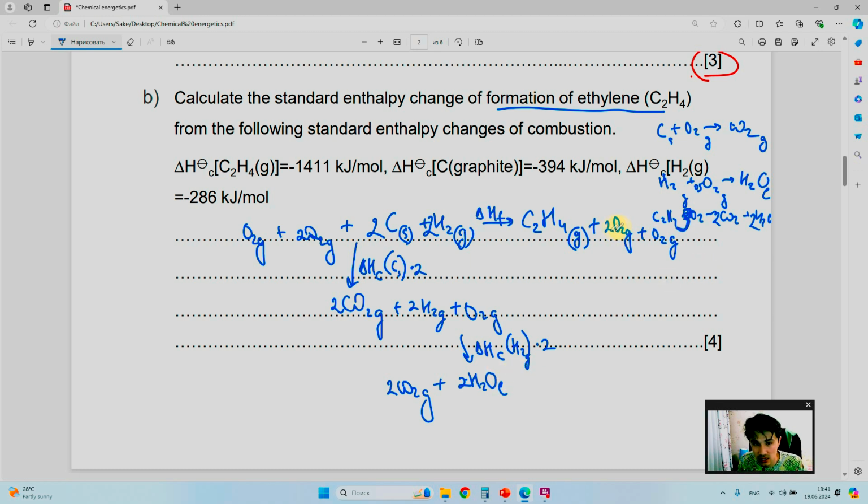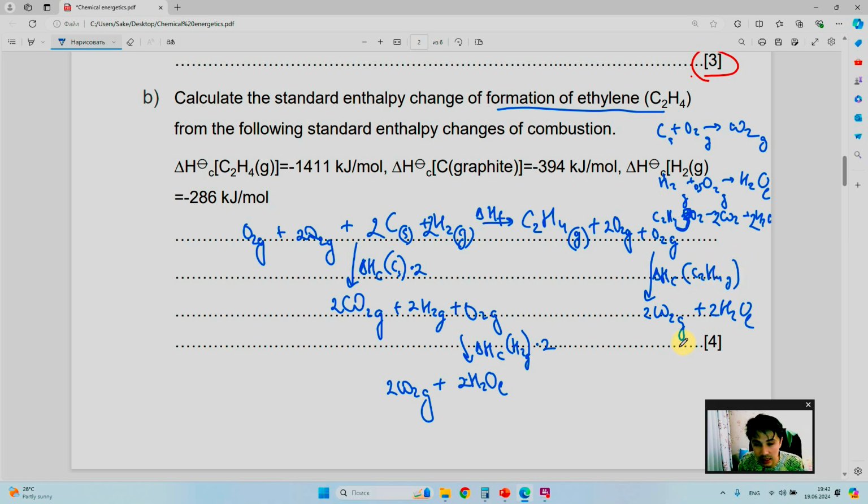So we see that oxygen is already here because we have balanced it before. And we have that exact amount of oxygen needed to burn. So you see 2 plus 1 gives us 3 moles of oxygen. And this gives us 2 moles of carbon dioxide gas plus 2 moles of water liquid. And this is the standard enthalpy change of combustion of ethylene.